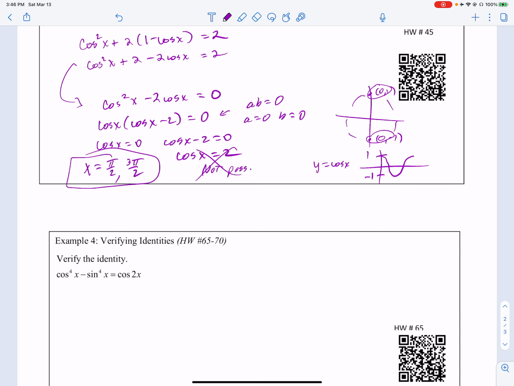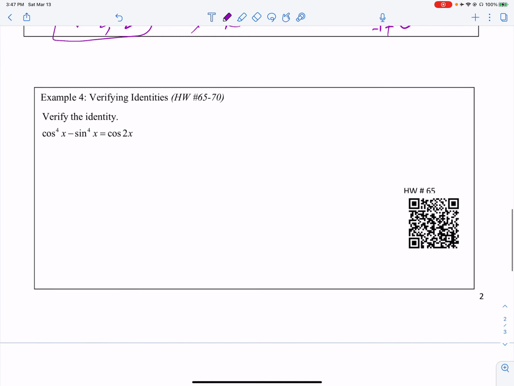And then, as always on these, we get some verifying identities. And we're trying to verify this identity that cosine to the 4th x minus sine to the 4th x is cosine 2x. And you don't necessarily know which way is the best way to go. But right here, I happen to know that's going to factor. This kind of goes back to scaffolding back to problems you've had before.